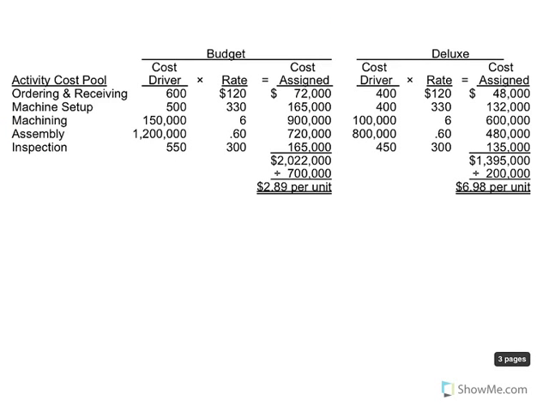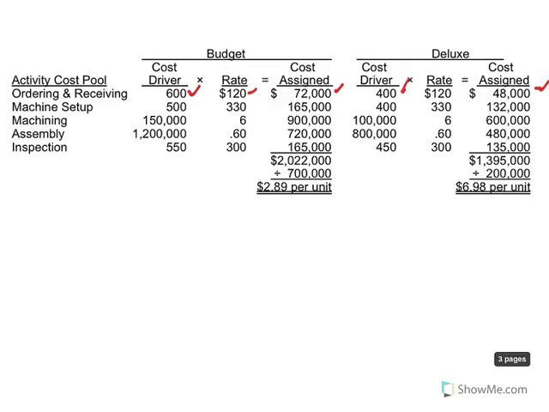So for budget, now we have the pools. The cost driver, 600, at $120 a cost driver, the amount assigned, $72,000. For deluxe, the cost driver, they consume 400 of the activity, the same rate, $120, they're assigned this.